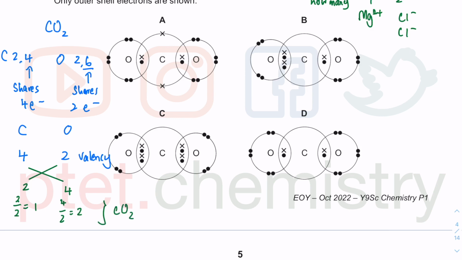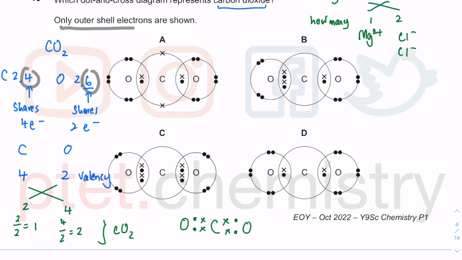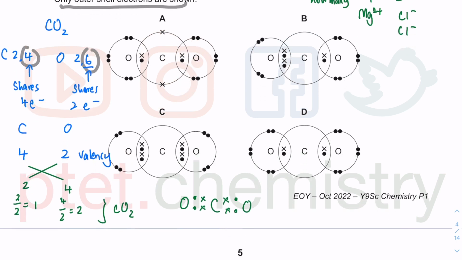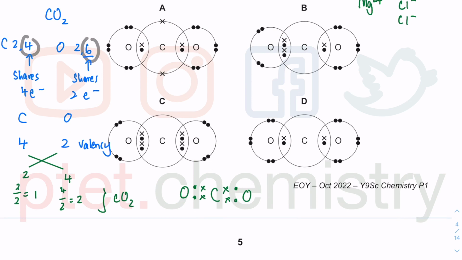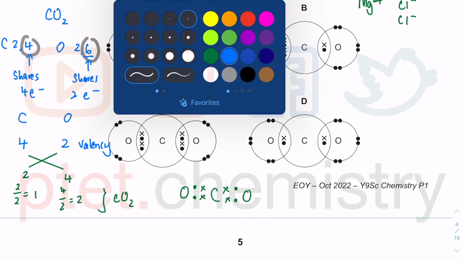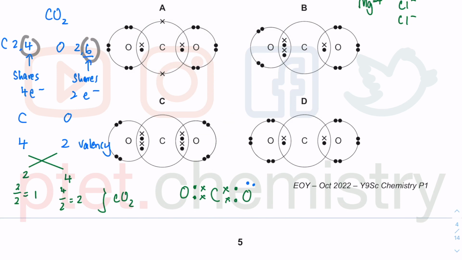Well, we know that a carbon will form a double covalent bond with oxygen, and oxygen only shares 2 out of 6 outer shell electrons. We don't care about the inner shell, only outer shell electrons are shown as usual in a dot and cross. We only use 2 out of 6. We still have 4 more on each oxygen.